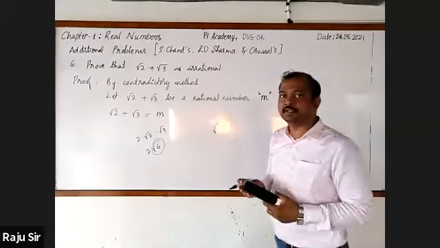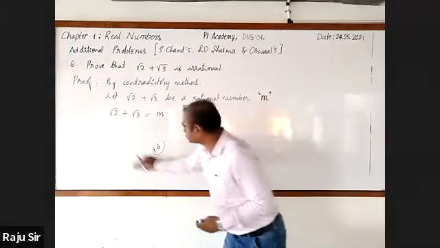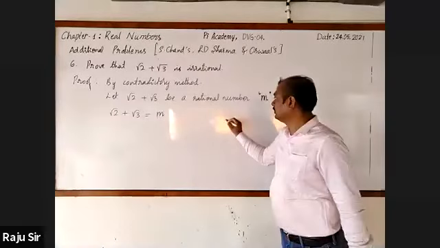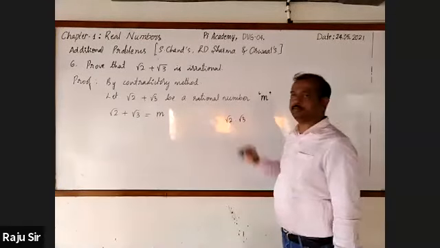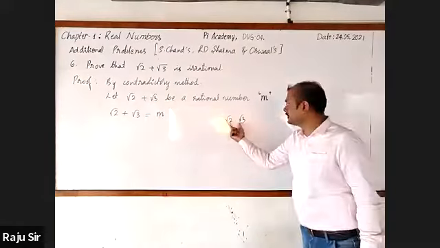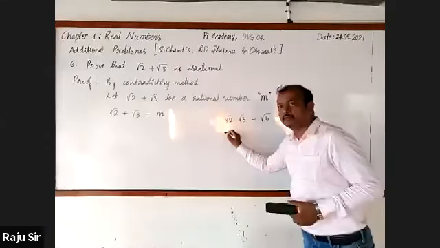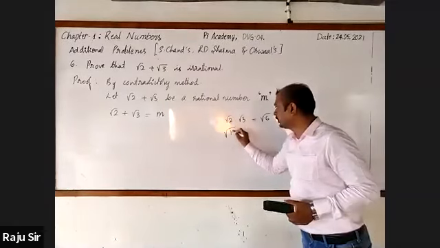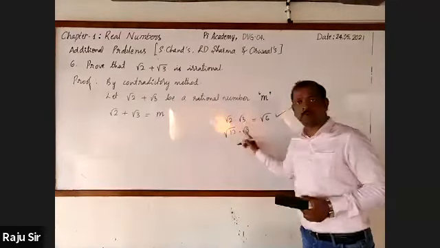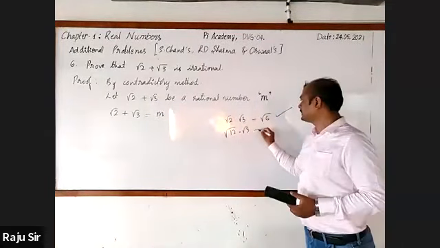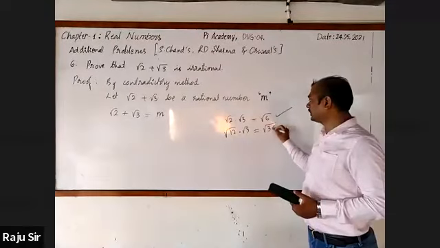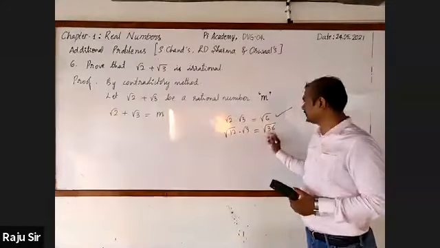I'll give you an example. Look here. Root 2 into root 3, the product of these two irrational numbers, is root 6, which is also an irrational number. Next, root 12 into root 3. Both are irrationals. Let us multiply them. It will be root 36. 12 threes are 36.